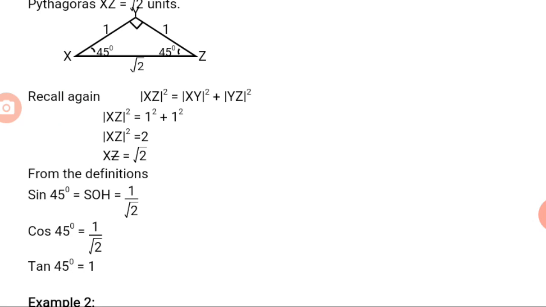Lastly, tan 45 degrees. Tan is TOA, that is opposite all over adjacent.